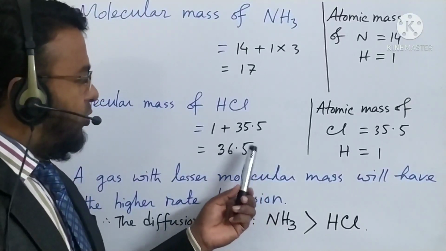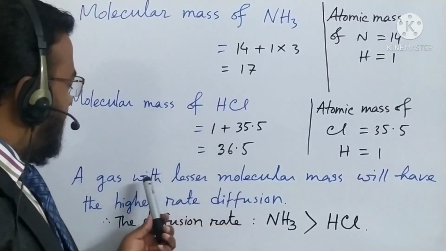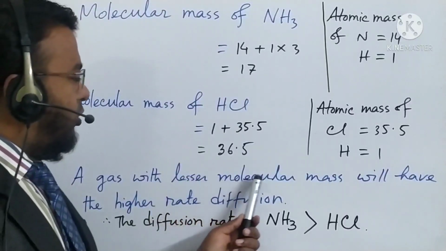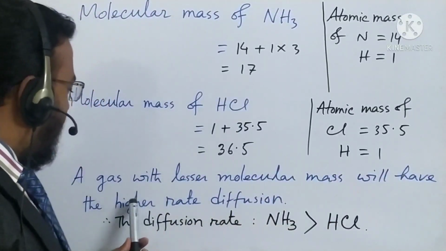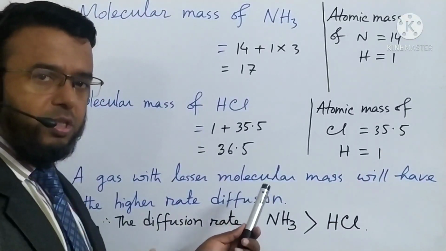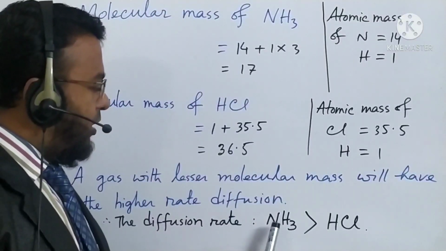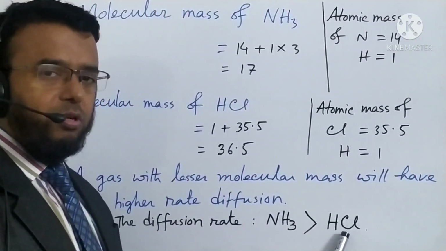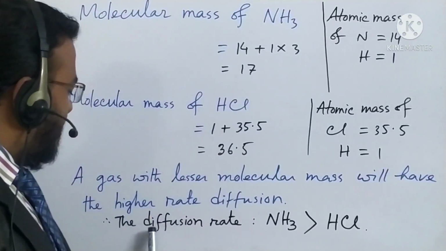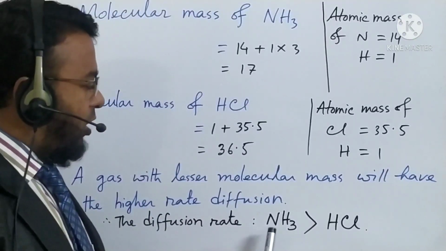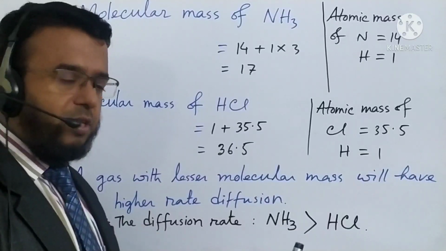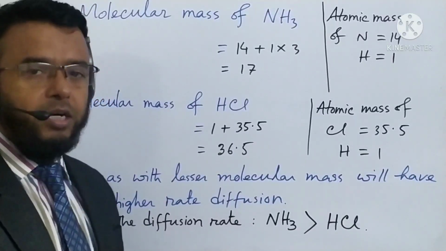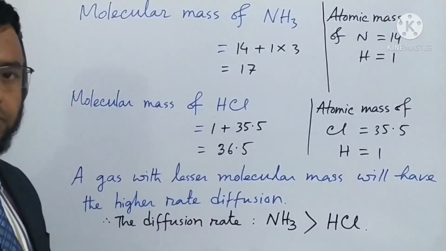So we see that a gas with lesser molecular mass will have the higher rate of diffusion. For this reason, ammonia gas is greater than hydrogen chloride gas in diffusion rate. So ammonia gas will diffuse faster than hydrogen chloride gas.